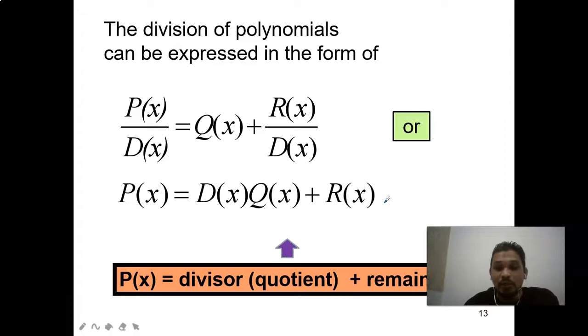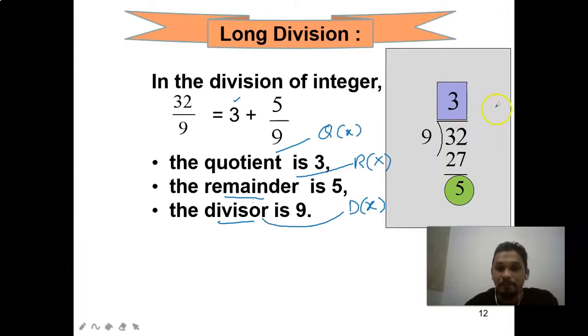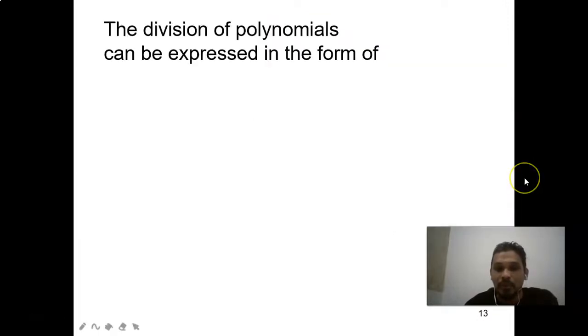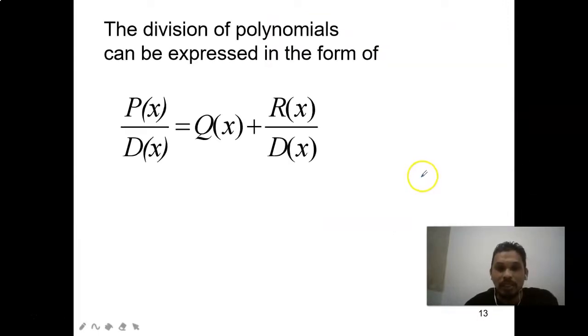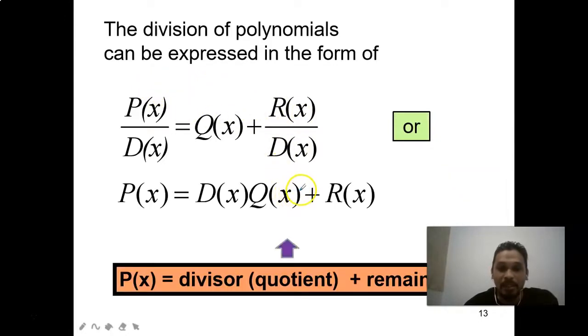And right now we are going to apply the division of numbers, just like the previous example, to polynomials. So polynomial p(x) divided by polynomial d(x) gives you something expressed in this form.